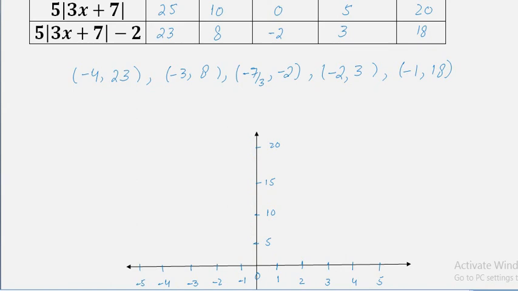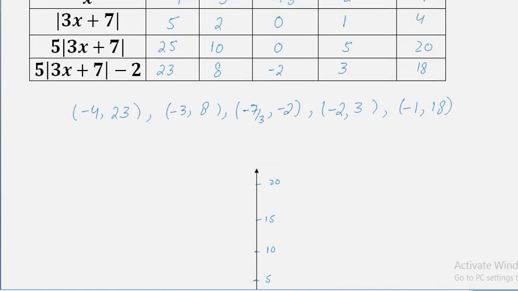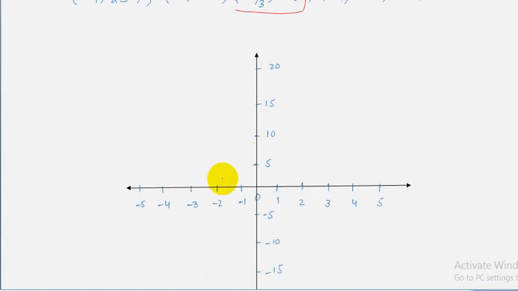So first I plot the vertex for this function. The vertex is at the point minus 7 by 3, minus 2. The x value is minus 7 by 3, which is minus 2.3, and the value of y is minus 2.